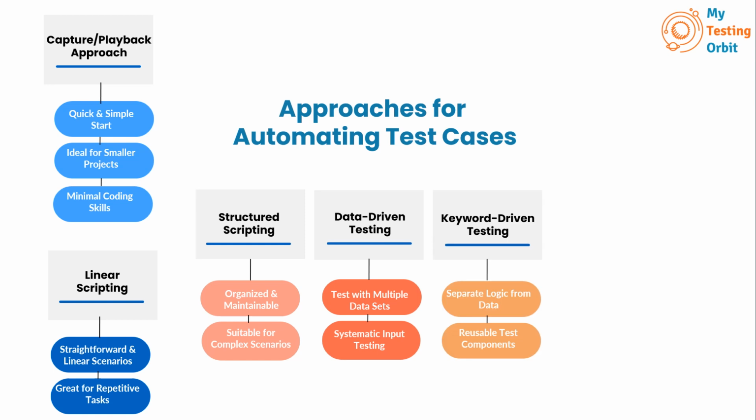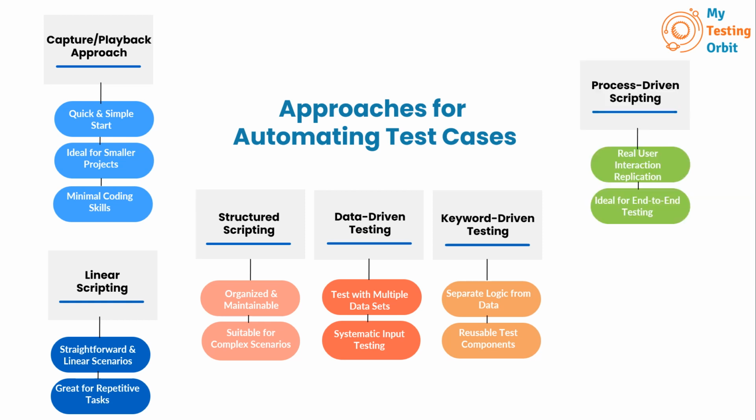Next comes keyword-driven testing. When you want to separate test logic from test data and create reusable test components, keyword-driven testing shines. It's perfect for enhancing test maintainability and scalability. Process-driven scripting.